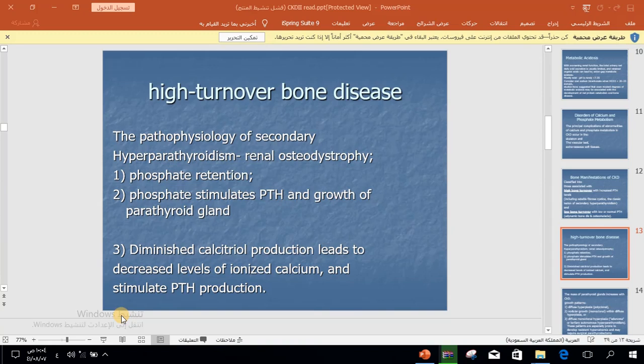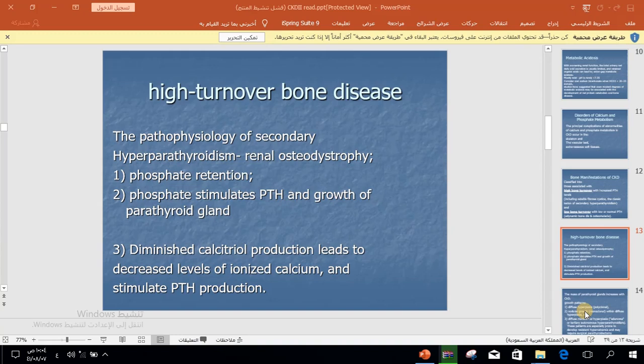Parathyroid hormone, when secreted, tries to normalize the calcium level in the blood.